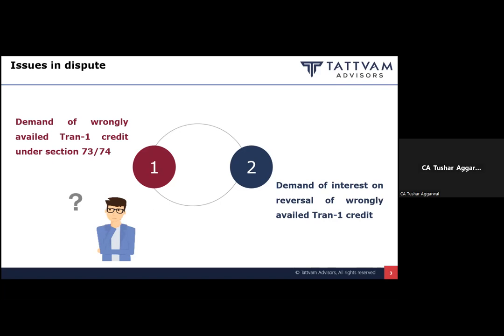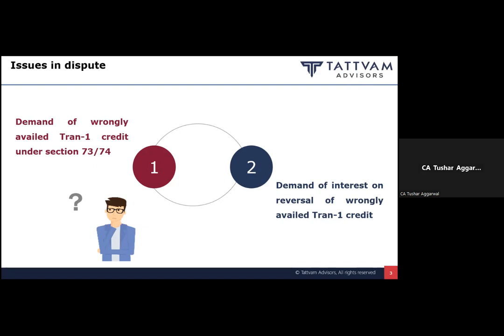The issue which we want to discuss is whether the government has the power to issue a show cause notice under section 73 or 74 for demanding wrongly availed TRAN-1 credit without going into the merits of the case. You have claimed your TRAN-1 credit either under section 140 or 141 or 142, as the case may be. Without drilling down into the merits, do they have the power to demand this transitional credit from you?